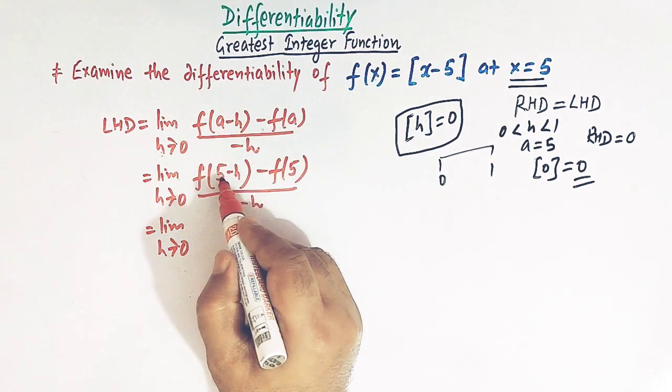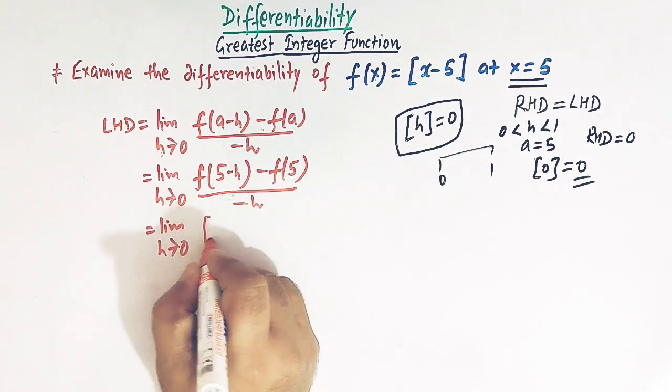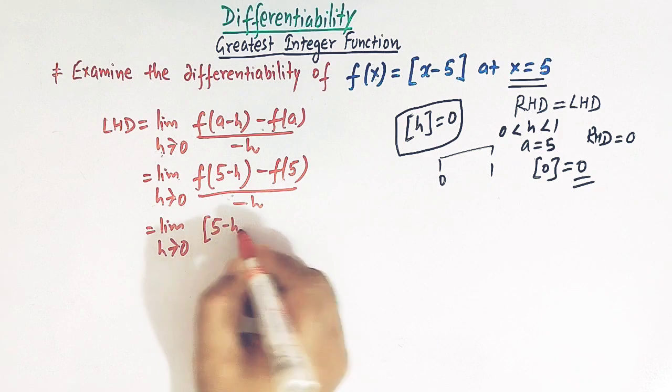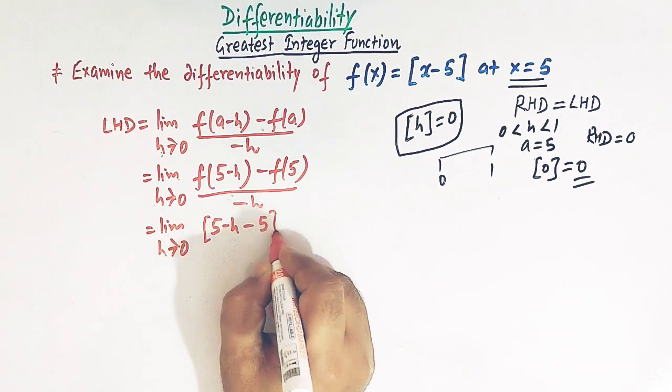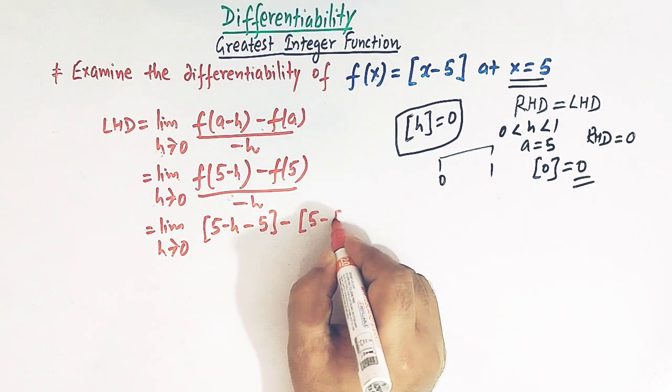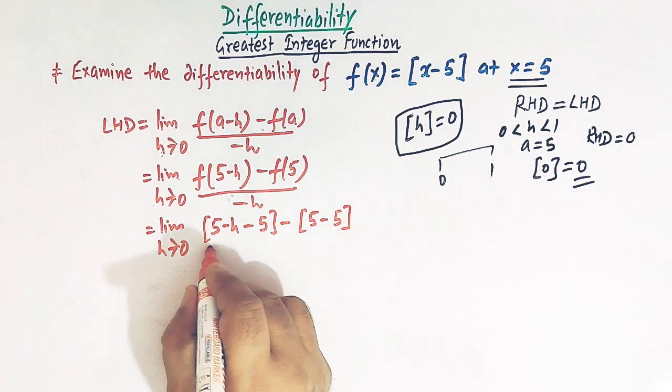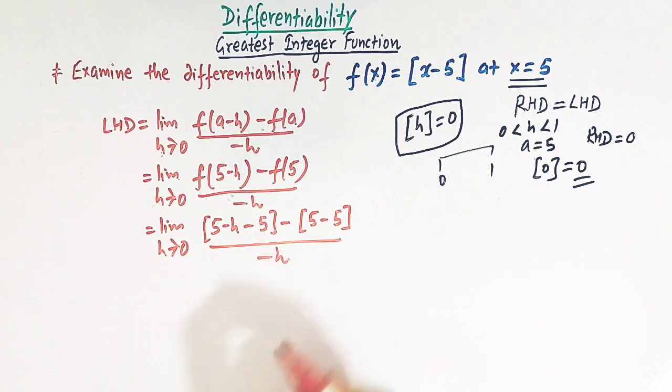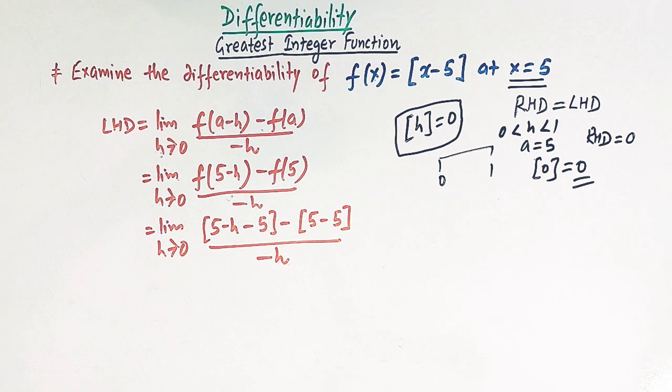Replacing x by 5 minus h, we get greatest integer of 5 minus h minus 5, and here we have greatest integer of 5 minus 5, and in the denominator we have minus h.